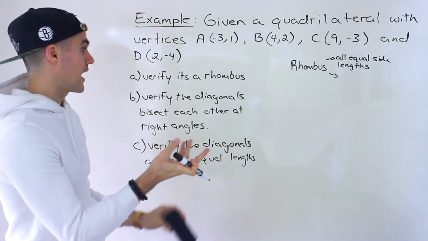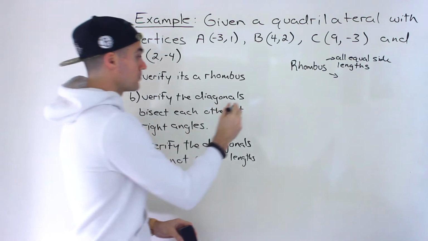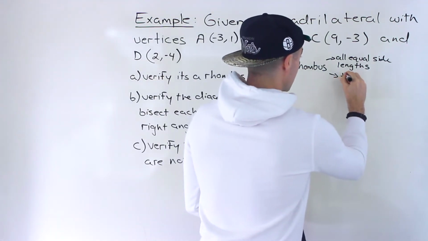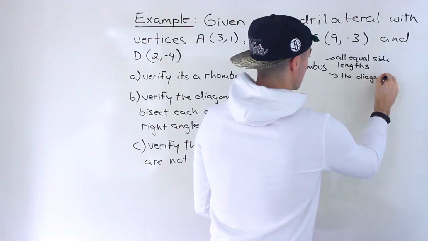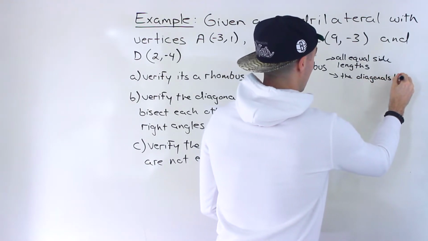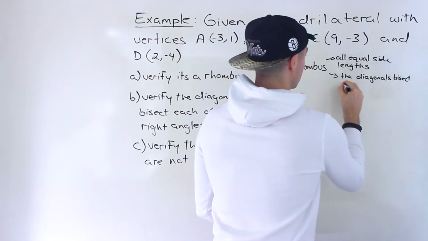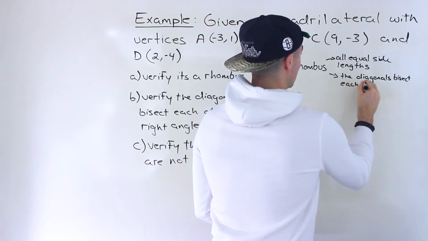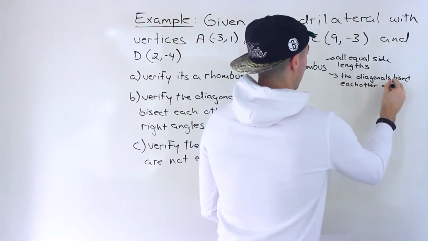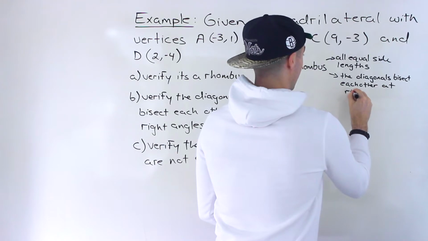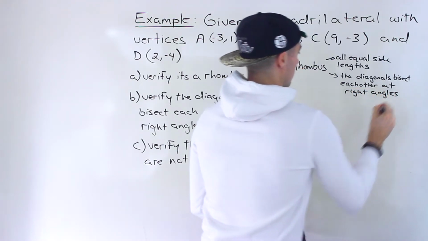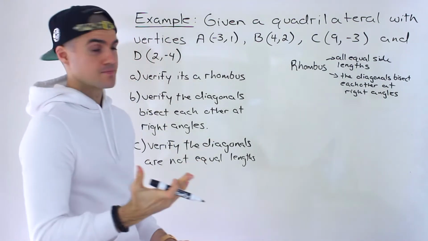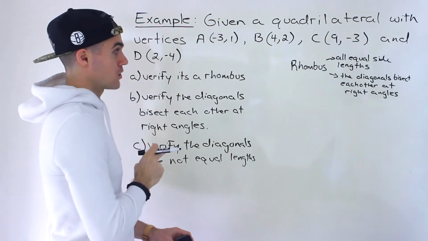That's always going to happen, and we're going to verify that property in part B. So let's write that property here. The diagonals bisect each other at right angles, for any rhombus.